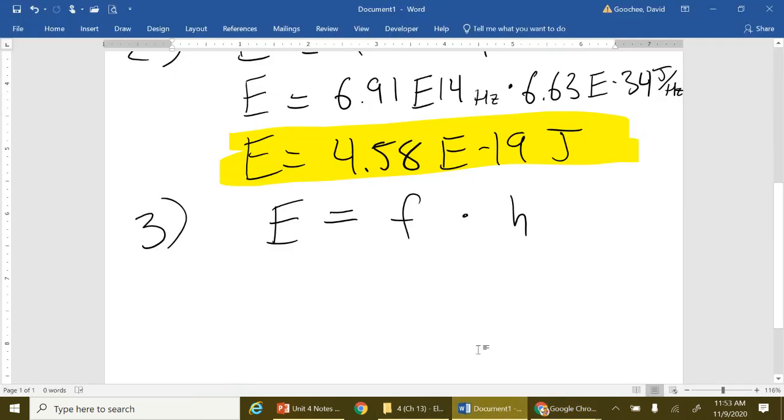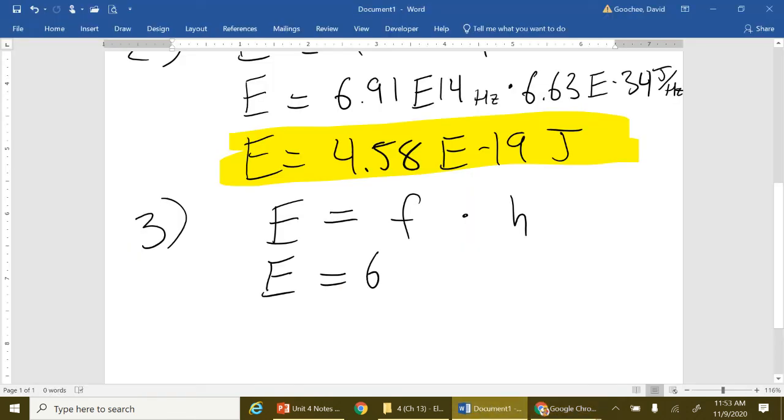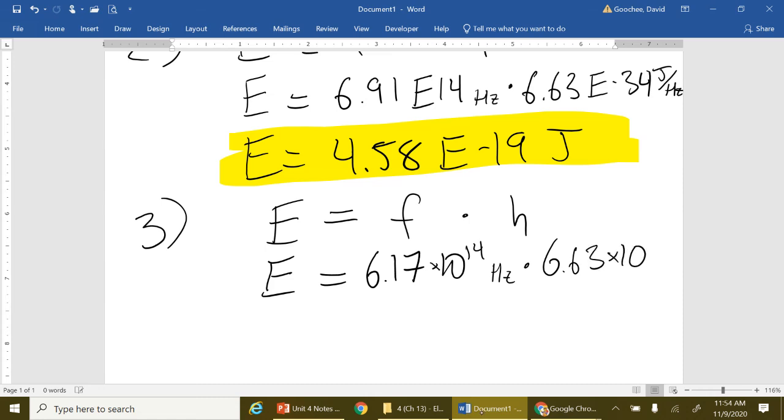So once again, the energy equals the frequency, 6.17 times 10 to the 14th hertz, times Planck's constant, which is 6.63 times 10 to the negative 34th joules per hertz.